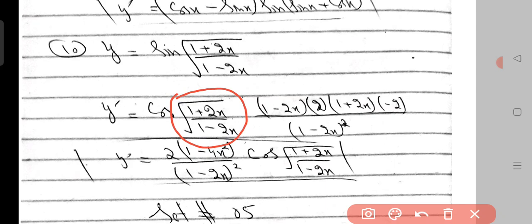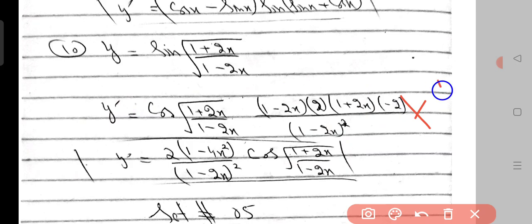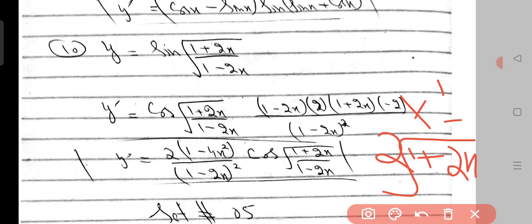Before applying the division rule, you must have the derivative of under root 1 plus 2x divided by 1 minus 2x. So first of all, you can write one extra term, which is 1 over 2 root 1 plus 2x divided by 1 minus 2x, right? So this is your extra term. Finally include this term in the calculation and you get the final result.